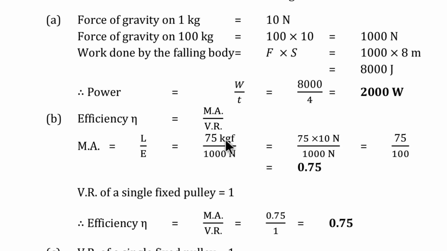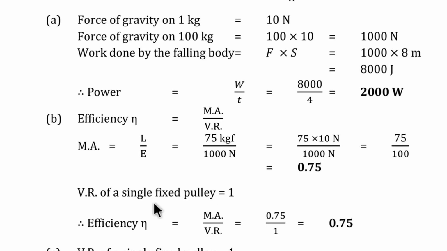So 75 kgf, we'll convert it into Newton by multiplying with 10, since 1 kg is equal to 10 Newton, as given in the question. So 75 into 10 divided by 1000, where Newton cancels, being the same unit, and 0 cancels. So 75 by 100 is left, which is equal to 0.75, the mechanical advantage of the machine.